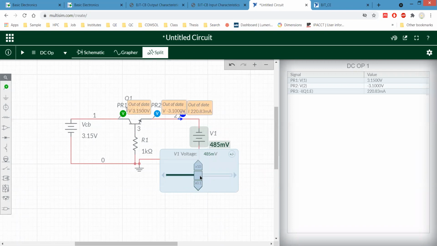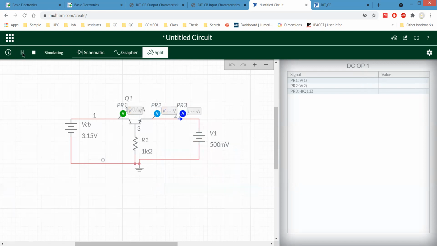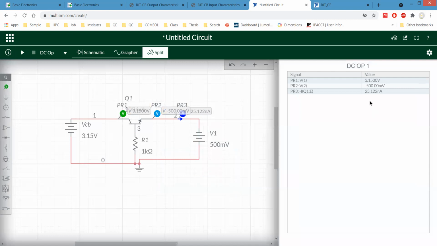Let's say our first point is 500 millivolt. So for 500 millivolt, means 0.5 volt, the current is 25 nanoampere.